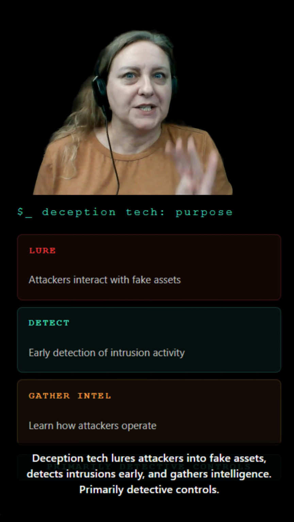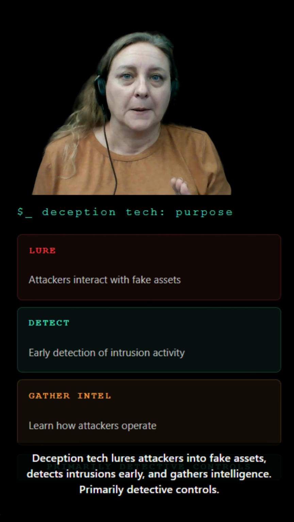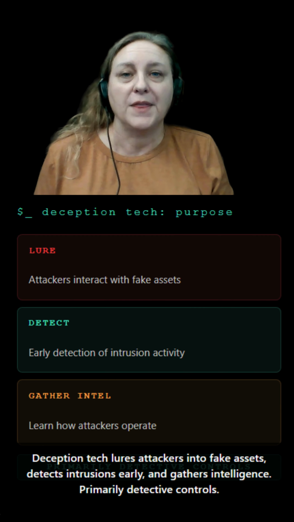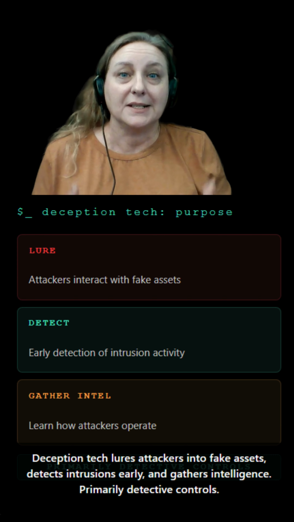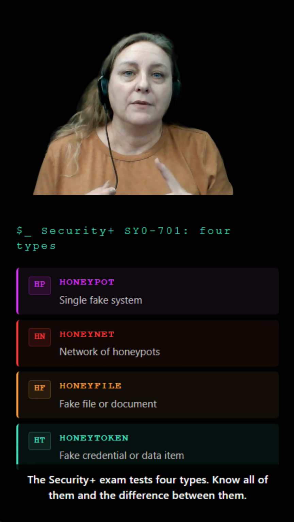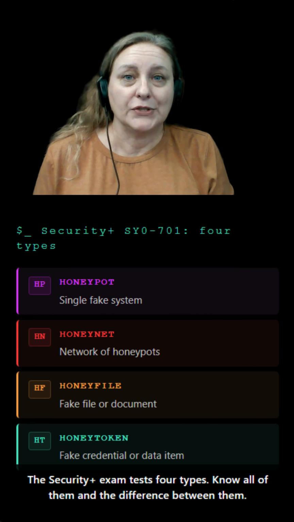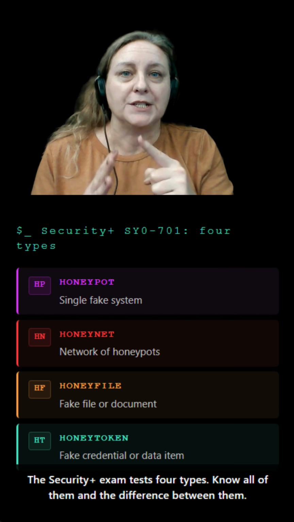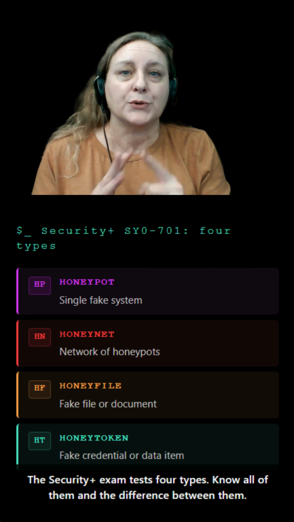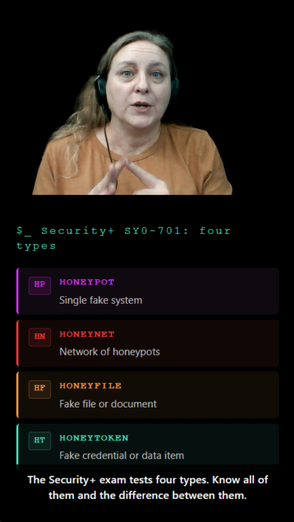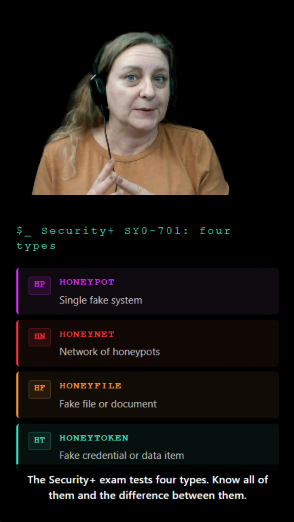There are 4 specific types of these deception and disruption technologies that you need to know for the Security Plus exam. You have honeypots, honeynets, honeyfiles, and honeytokens. And you need to know the difference between each one so that when they describe a scenario, you can know which one they're talking about.